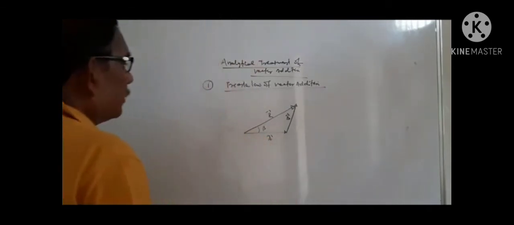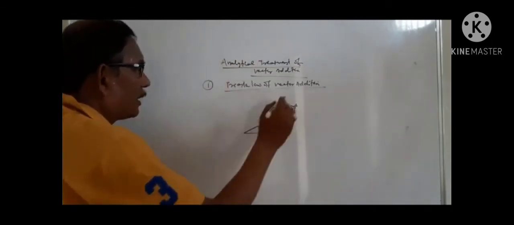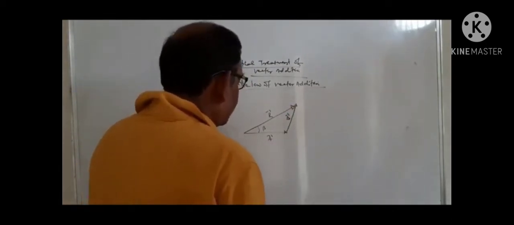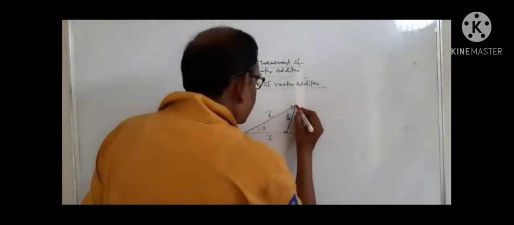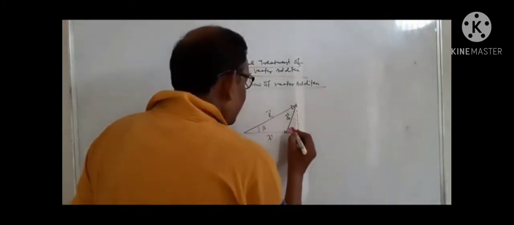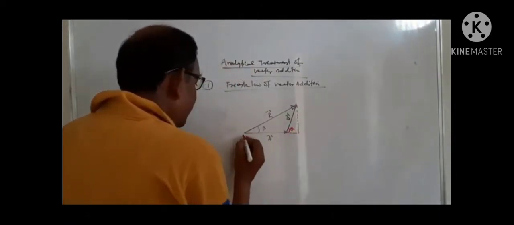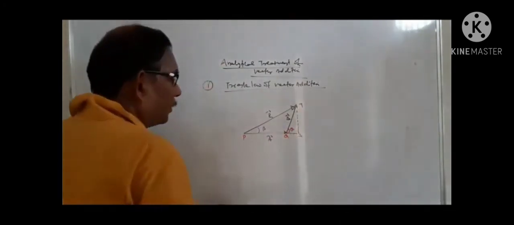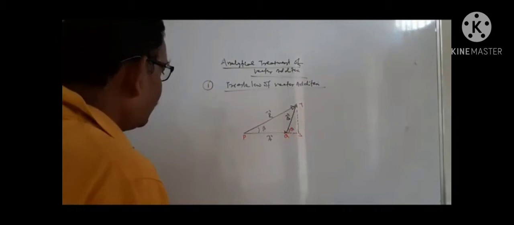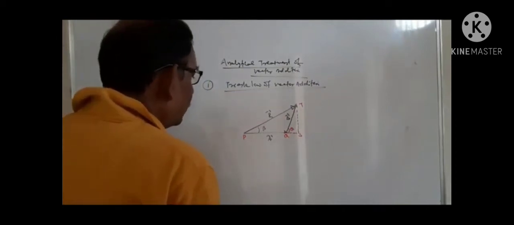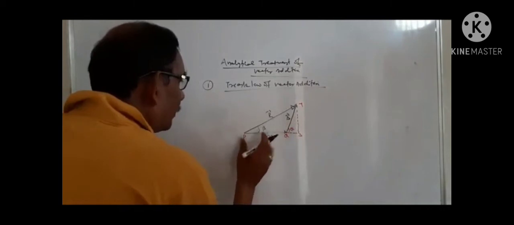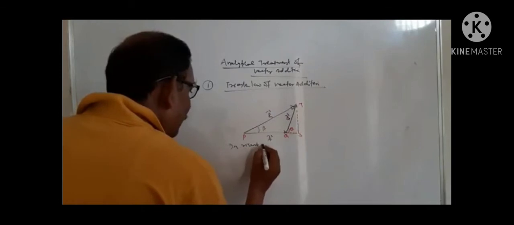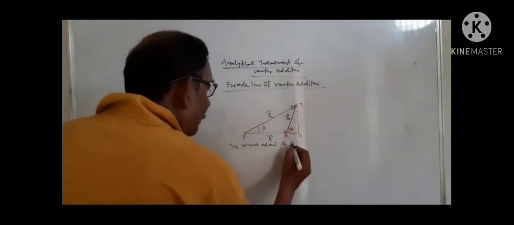In order to determine the resultant of the two vectors by using the triangle law of vector addition, you have to extend this side. Then this is theta. Now name the points P, Q, and here S, T. So here you have to find the resultant R by taking right angle triangle PST.